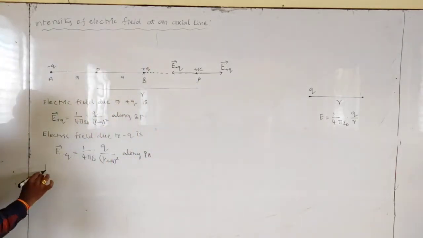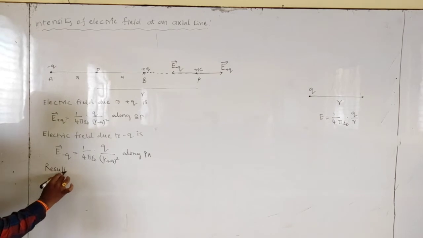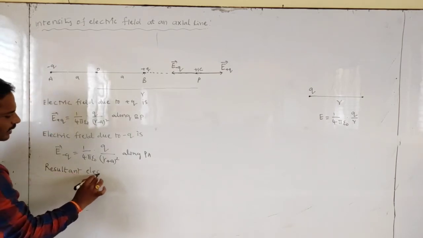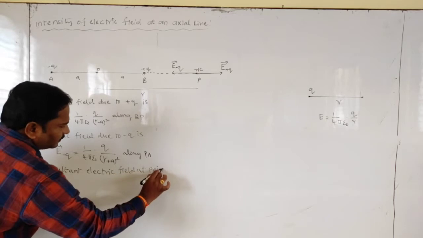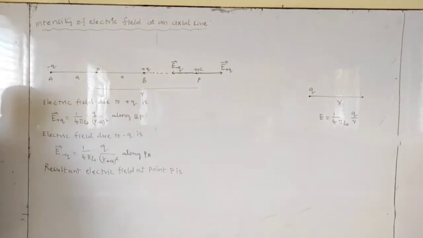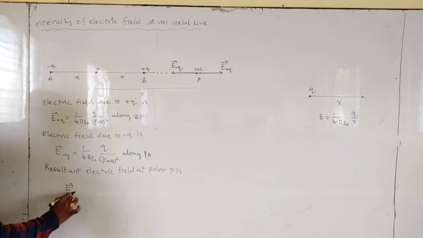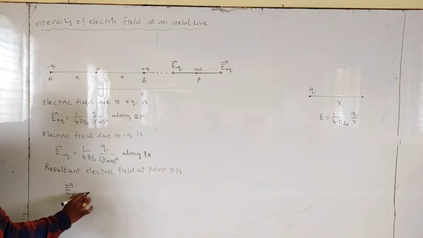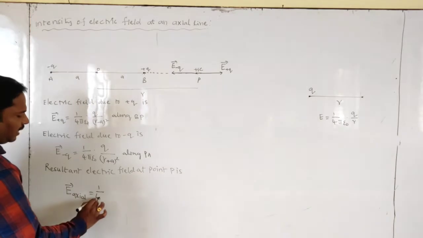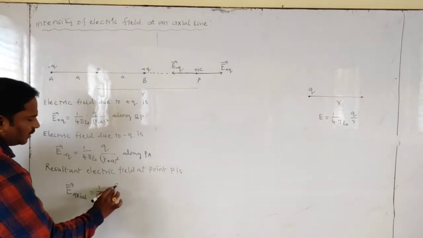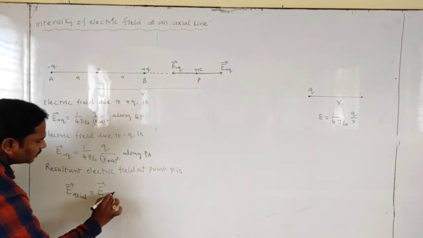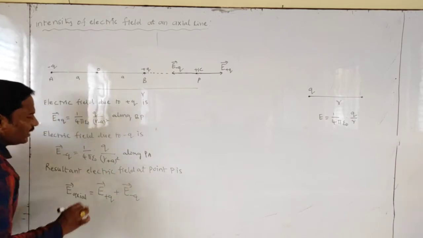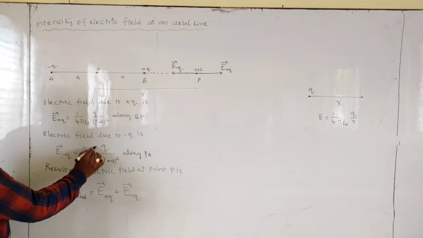The resultant on the axial line, E axial, is 1 by 4 pi epsilon naught q by, written as E plus q plus E minus q.